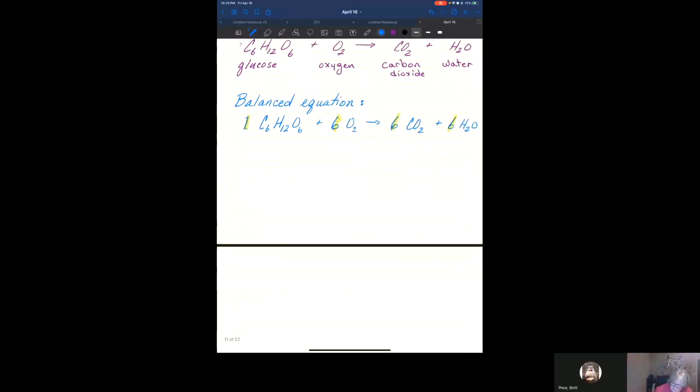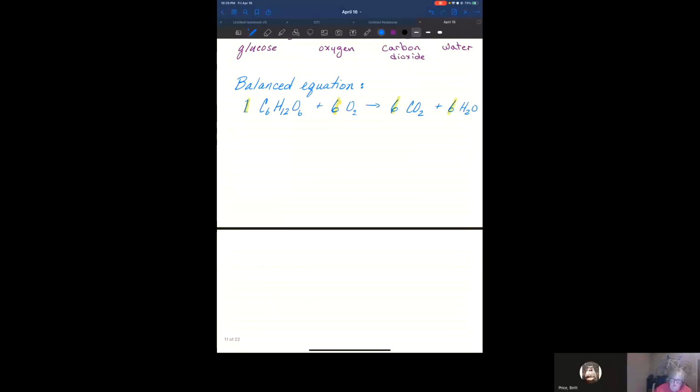Just as a reminder, these coefficients are multipliers for the entire piece. Let's see if I can make it a little more clear.